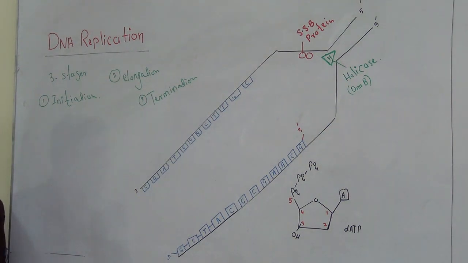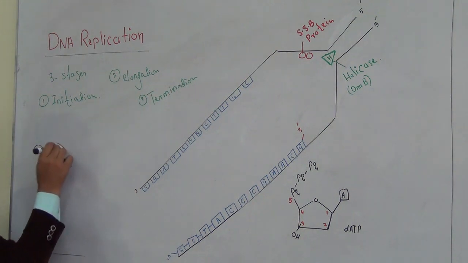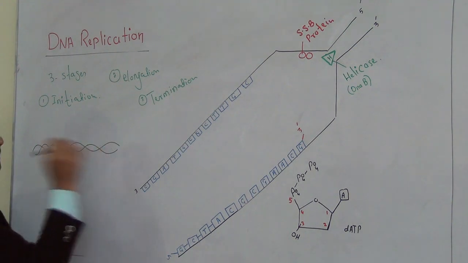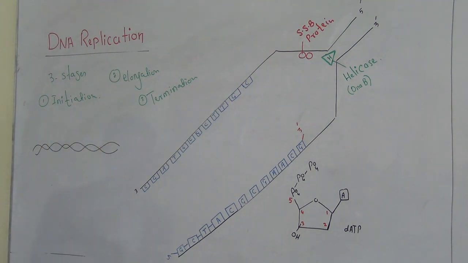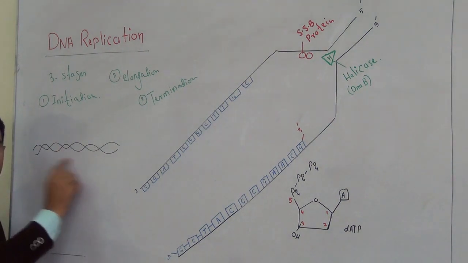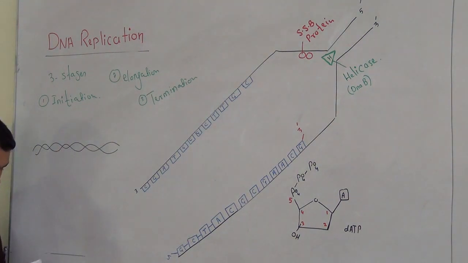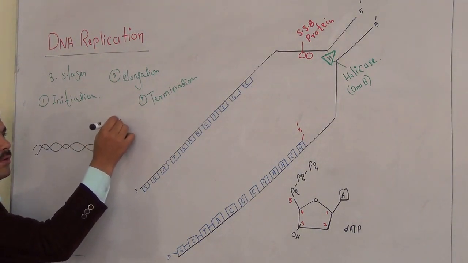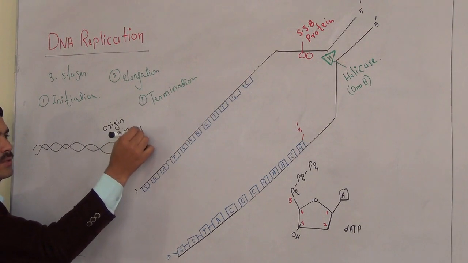Initiation means start. So first of all, this is the DNA, and the replication process starts or begins at some specific point in the DNA. That is called the replication origin, the origin of replication.